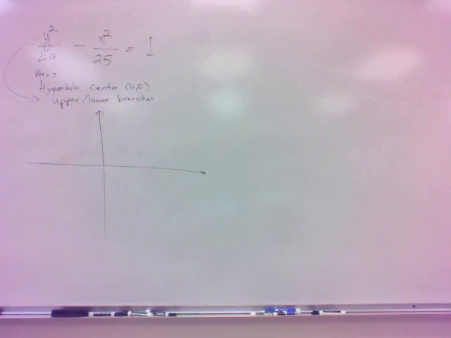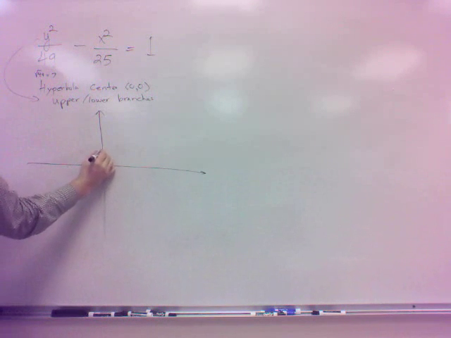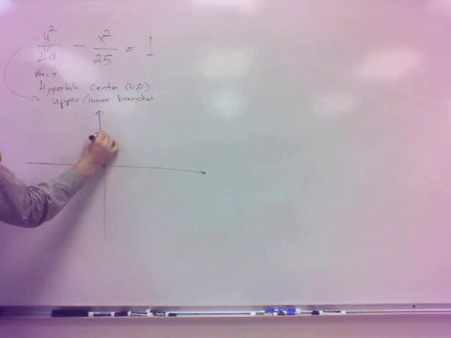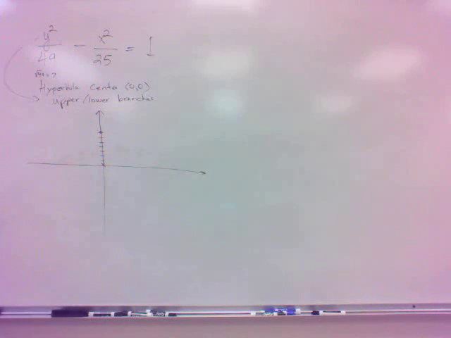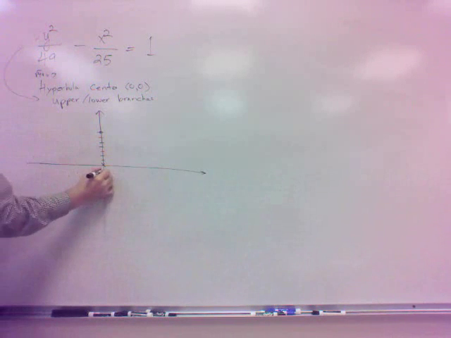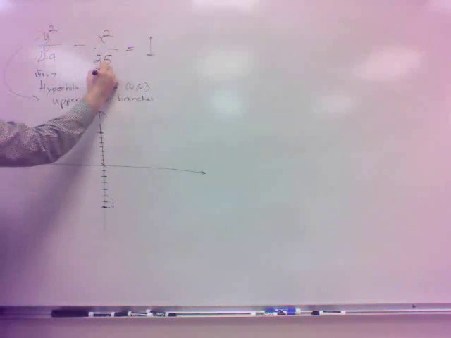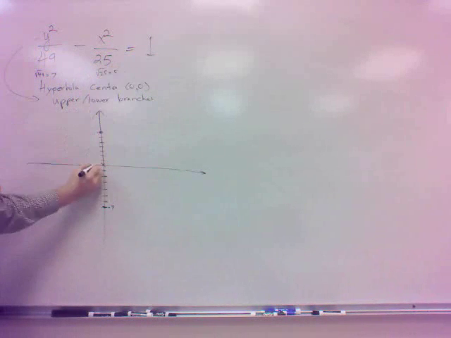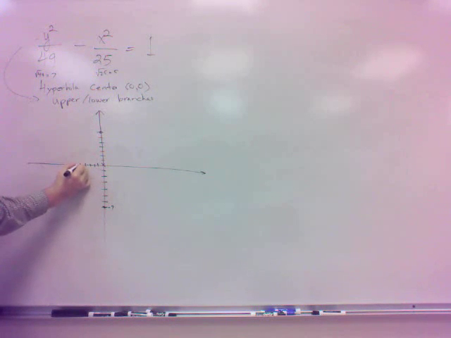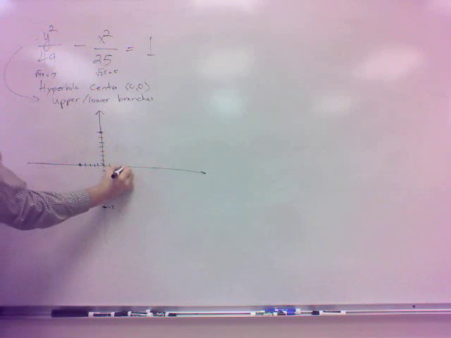So I'll go out 7 in the y, 7 up, 7 down, in the y direction. Because it's under the y. And that's why we go out in the y there. And then in the x, I go out the square root of 25, which is 5. -5, positive.